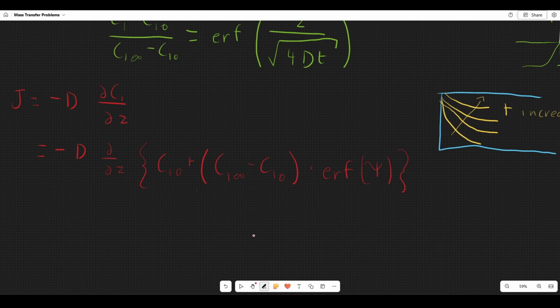Perfect. And so the constants basically come out, and what you get is minus D times c1 infinity minus c1 naught times the derivative of the error function.